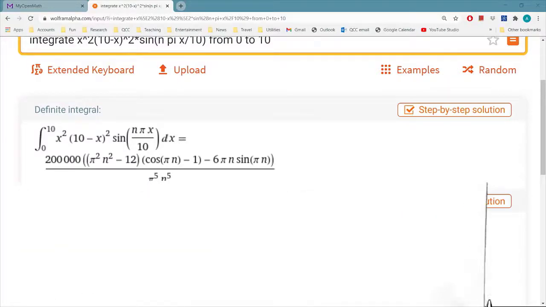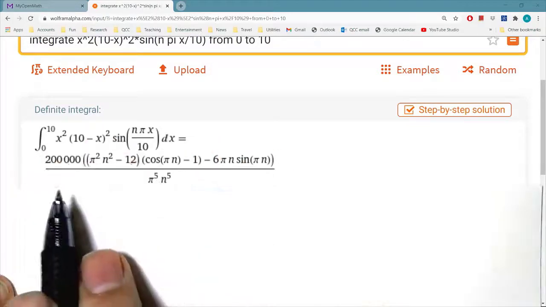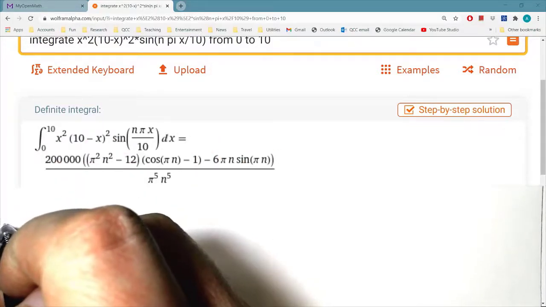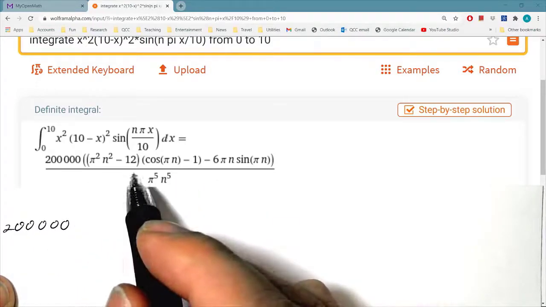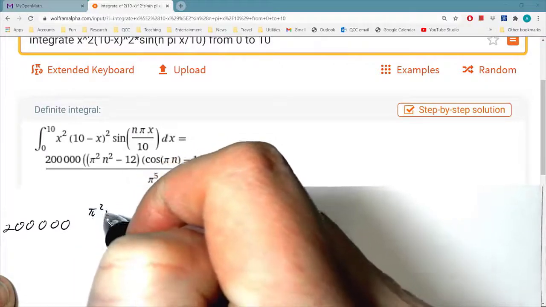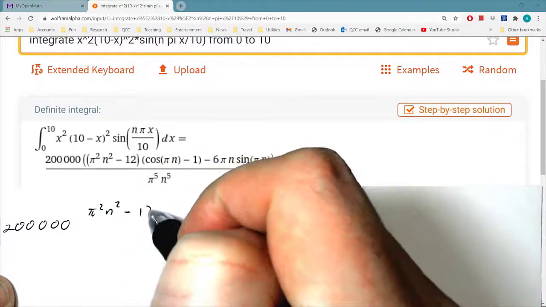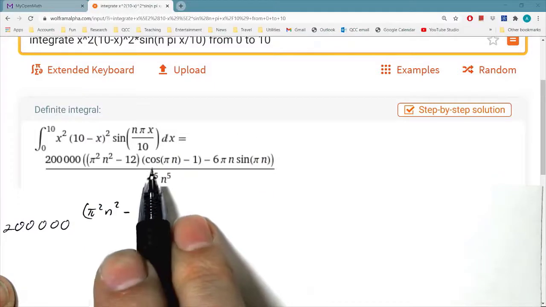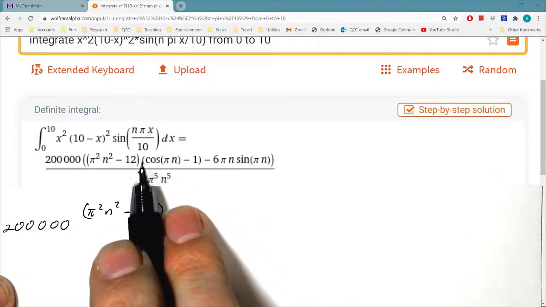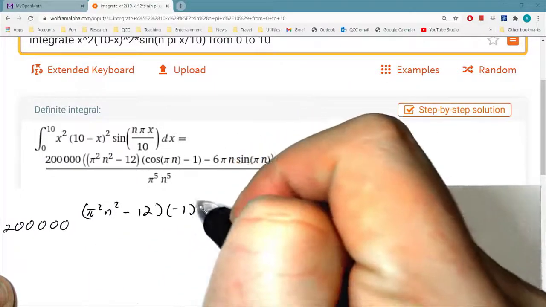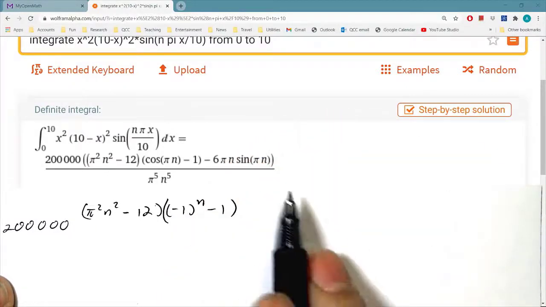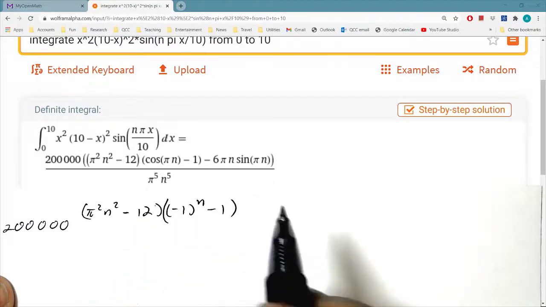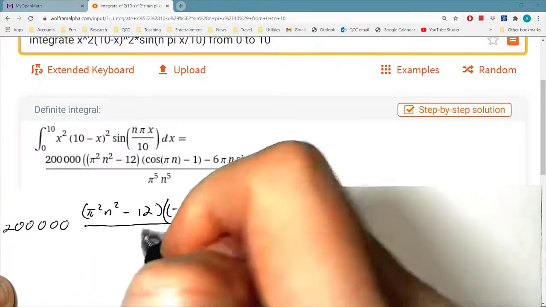So if I were to simplify all this, we could just write it as, so we got this 200,000 here, and then I have this business, and I have (-1)^n minus 1, and like we said, that other piece was 0. And then we're dividing by pi to the 5th, n to the 5th.